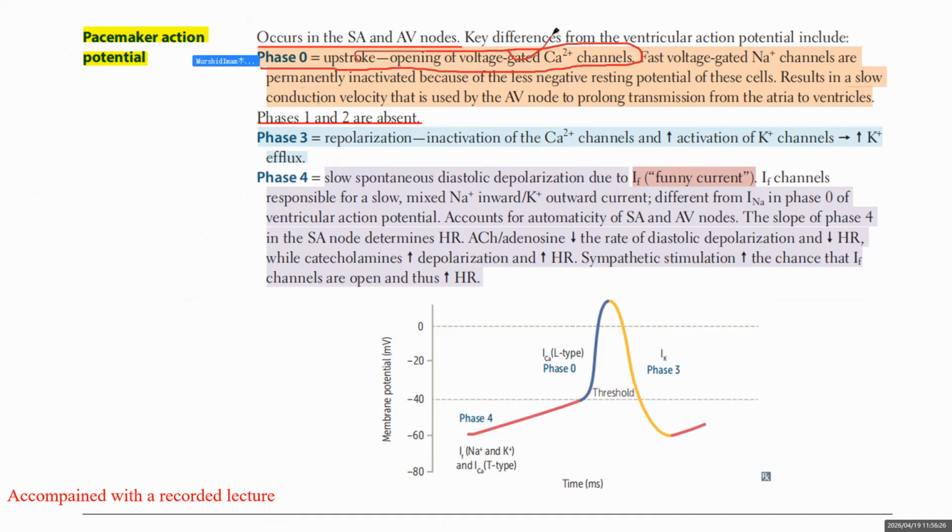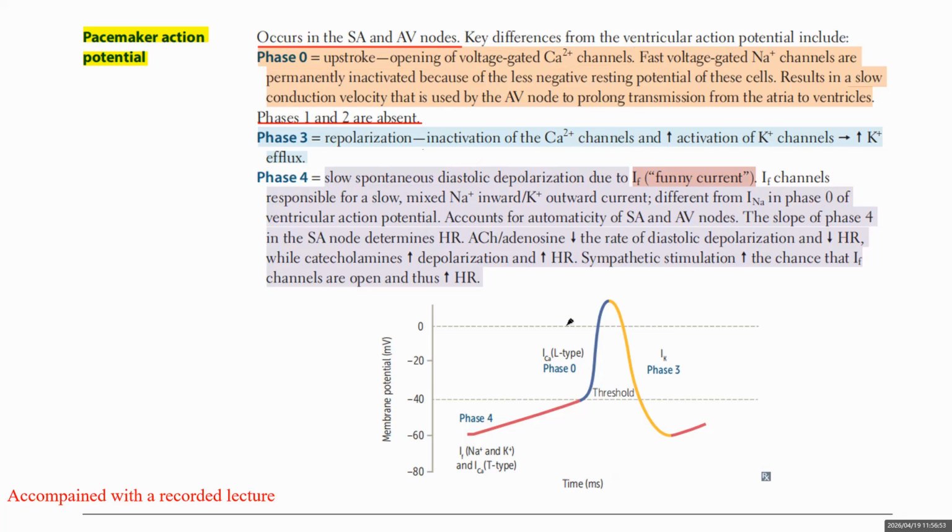And phase 4 shows slow spontaneous depolarization. We will decode each of these, but this is the basic framework of the entire topic. Unlike ventricular muscle, where the cell stays stable at rest until stimulated, pacemaker cells are always slowly moving toward the threshold, and that's why they generate impulses automatically.